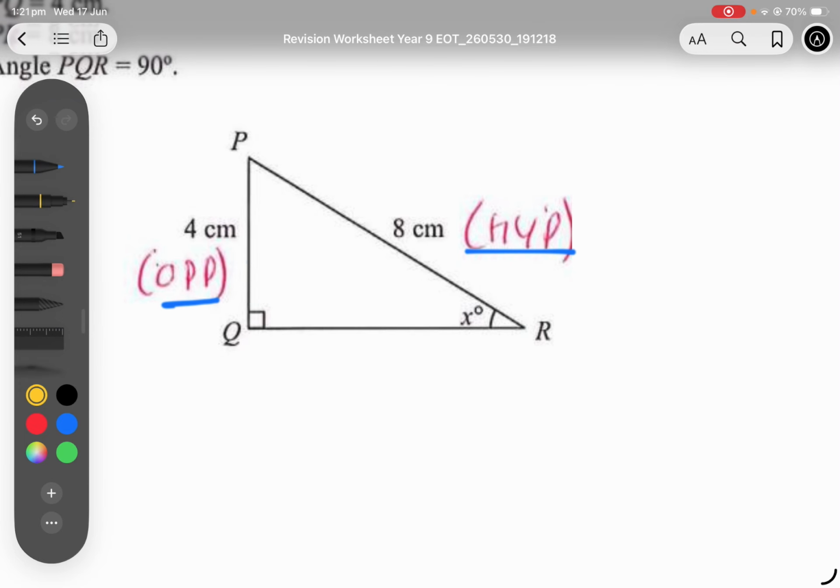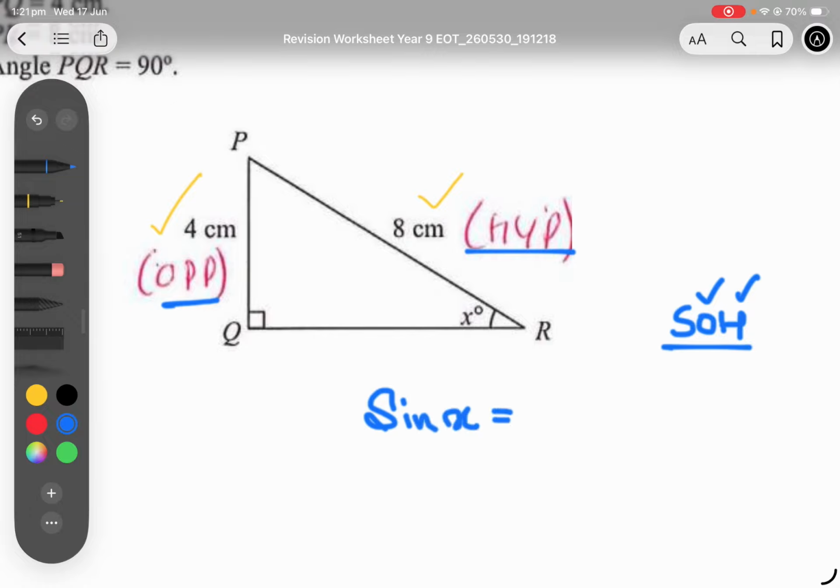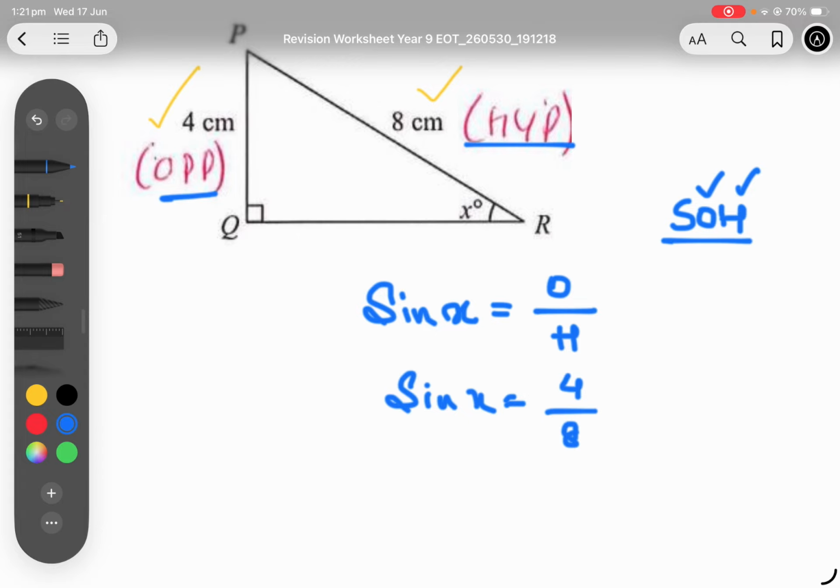They have given me the opposite side and the hypotenuse, so I will use sine. So sine of x is equal to opposite upon hypotenuse. So sine of x is equal to opposite is 4, hypotenuse is 8. Then x remains here, sine goes towards the other side and becomes sine inverse, and it becomes 4 upon 8.